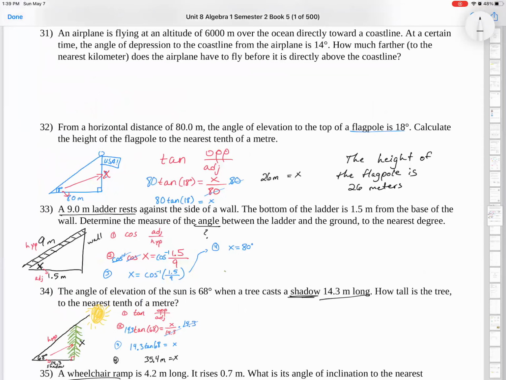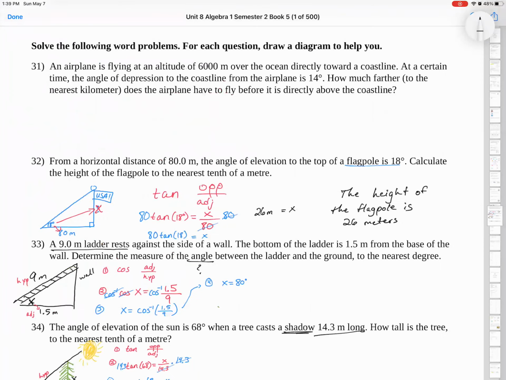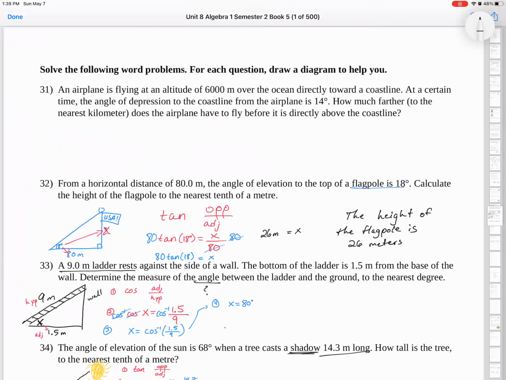There's one last part that we do have to discuss super quickly. Looking at 31, it's just kind of the terminology that they use. An airplane is flying, and again, there's an airplane question. It's kind of a staple. So you have an airplane is flying at an altitude of 6,000 meters over the ocean directly toward the coastline. So you have an altitude of an airplane.